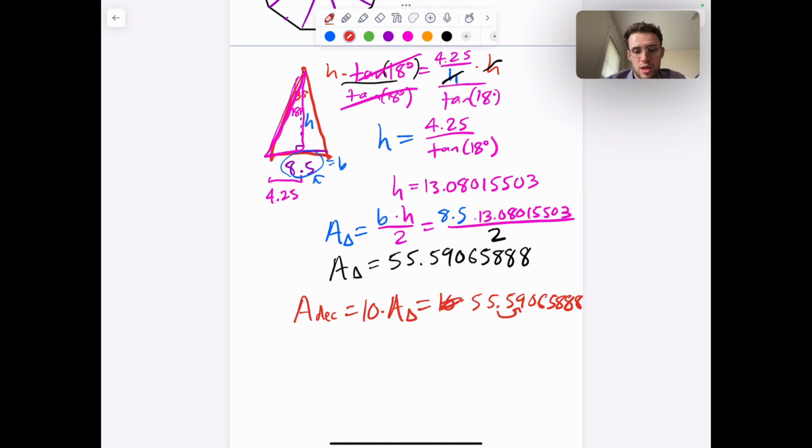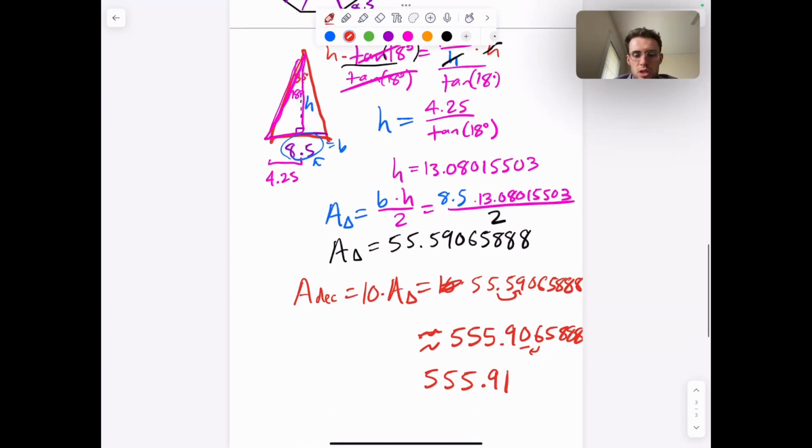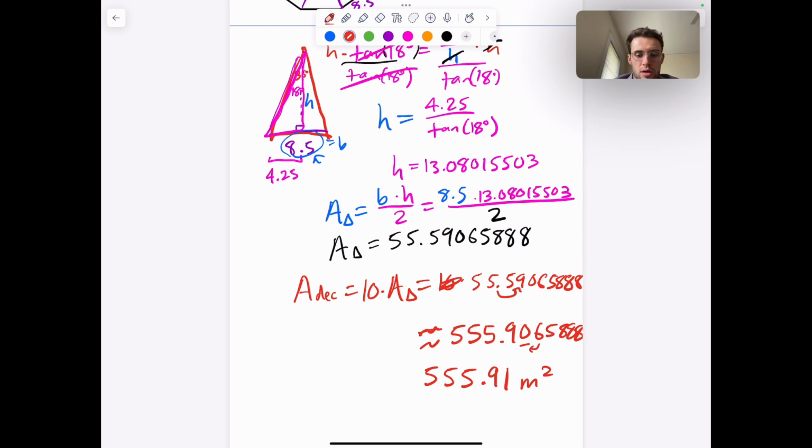So that means our area is approximately equal to 555.9065888. If we round that to the nearest hundredth, then we need to round this 6 up. So it would be 555.91, and our units in this case were meters. So for the area, it will be meters squared.